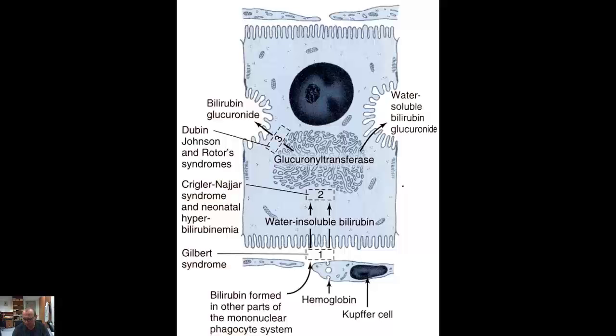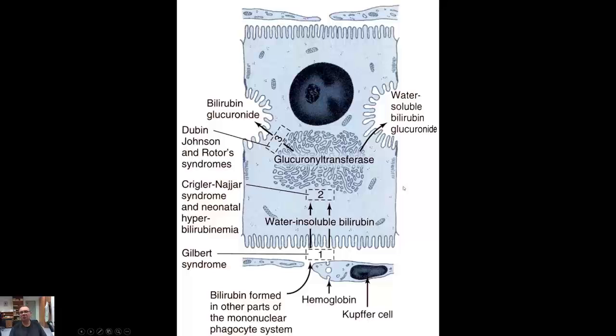Okay, the same smooth endoplasmic reticulum is also important for bilirubin metabolism. Bilirubin is a product of hemoglobin degradation, which normally takes place mainly in the spleen.